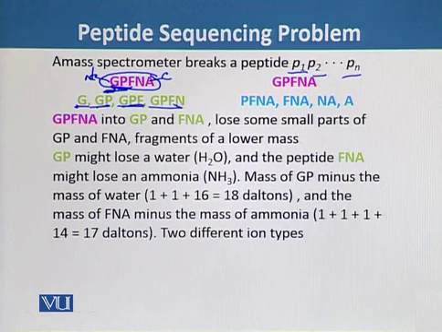If it is broken from the C-terminal, the peptides will be PFNA, FNA, NA, and then A.